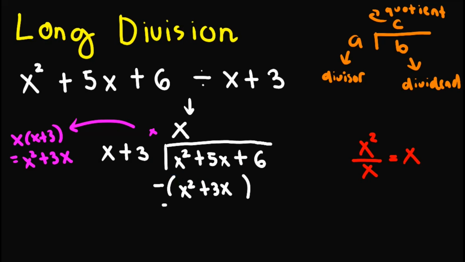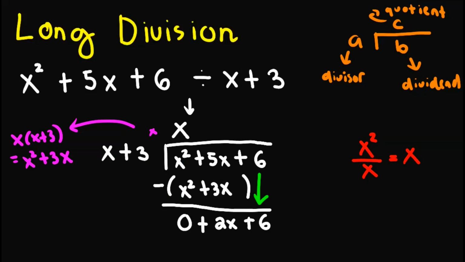So x squared minus x squared will simply cancel out. This will simply be 0, plus 5x minus 3x will give us 2x. After that, we bring down this one out here. So we'll have plus 6 out here.